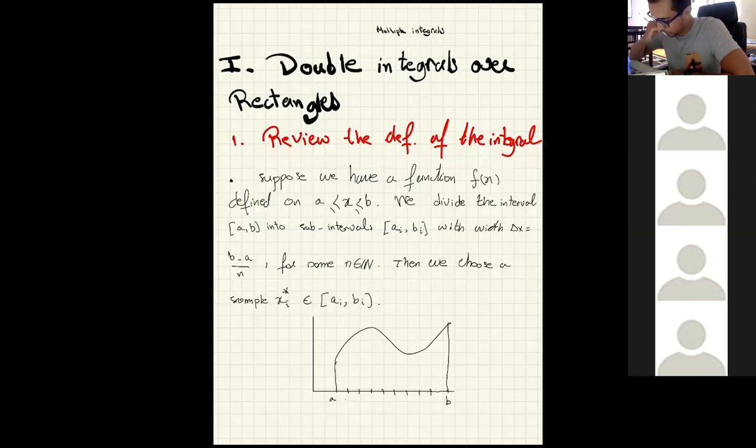Just to not confuse you, we'll call them A1, B1, A2, B2, and so on, until A_n, B_n, where B_n will be b. So that's the function f(x).